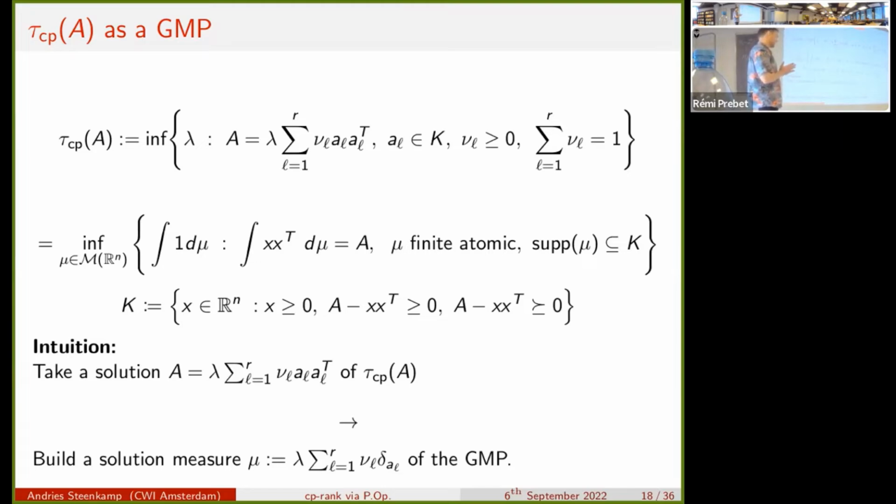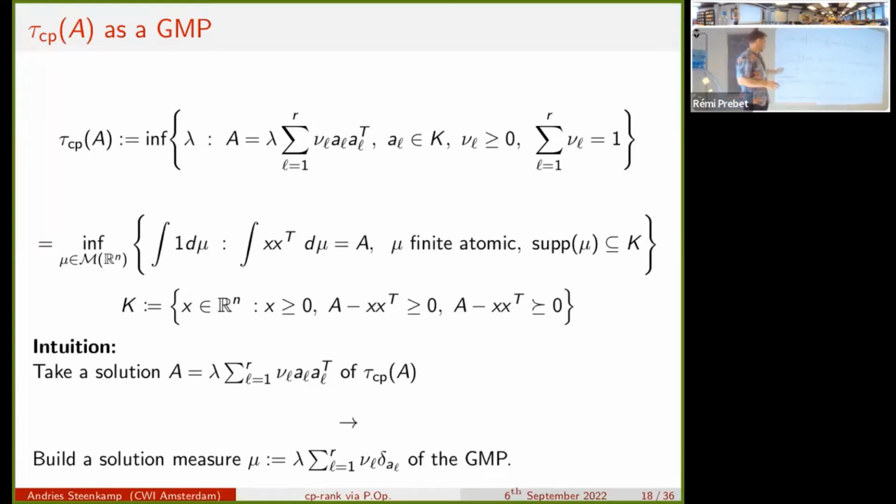So what does it mean for a measure to have finite atomic support? Simply put, you can write mu as a sum of Dirac delta measures, where the support of each Dirac delta is contained in the set K. Yeah.